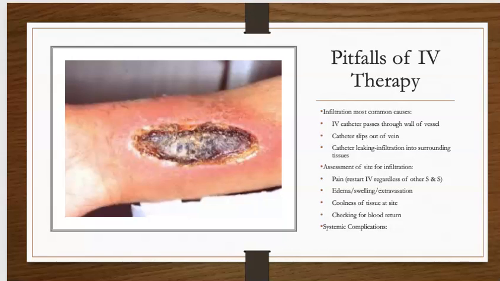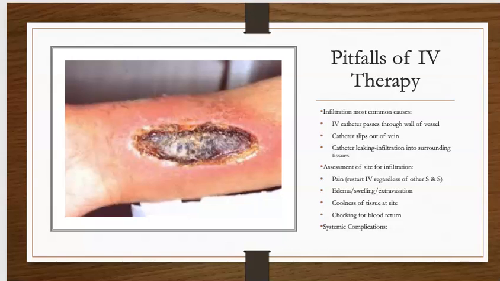So it's very important that we are assessing our lines in the morning and our shift. You walk in and you're doing your head to toe assessment. You need to be assessing the line at that time, and you need to be assessing the lines before, during, and after we are infusing the medication.